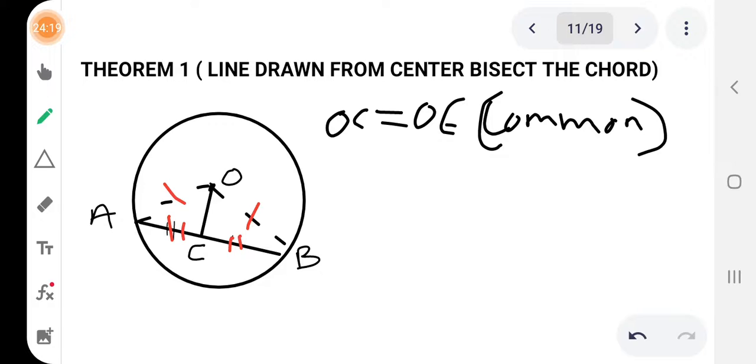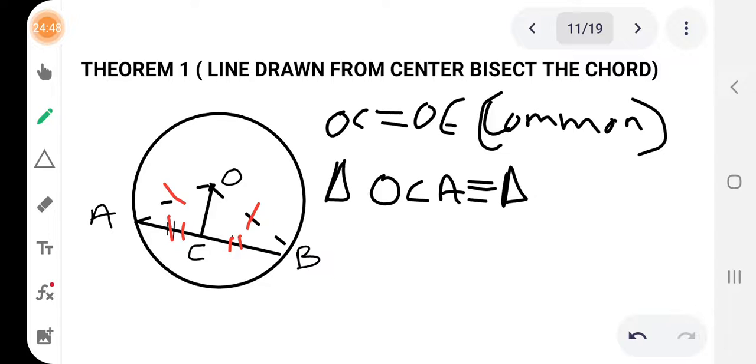Okay, and we are also going to say that triangle OCA is congruent, yes, or is equal to triangle OCB.